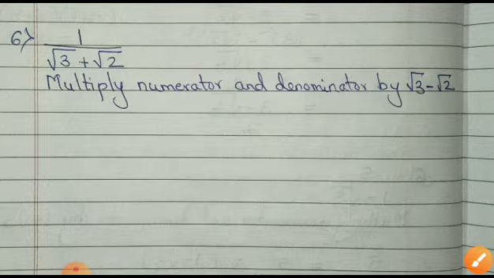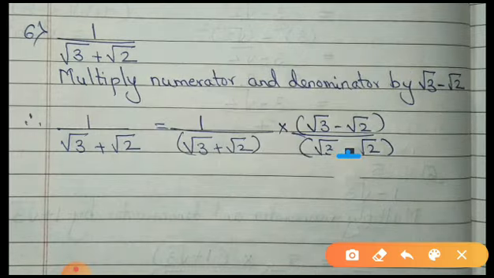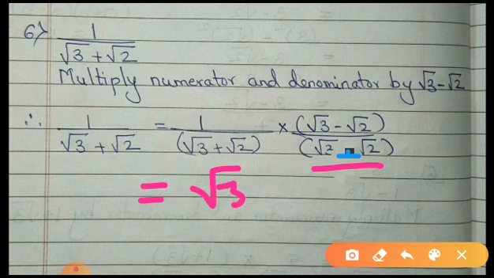Okay. So I'll be getting, here it is 1 multiplied with root 3 minus root 2, and here the denominator again root 3 minus root 2. So I get 1 into this, it is the same as root 3 minus root 2 divided by, which form is it? It is a plus b into a minus b.